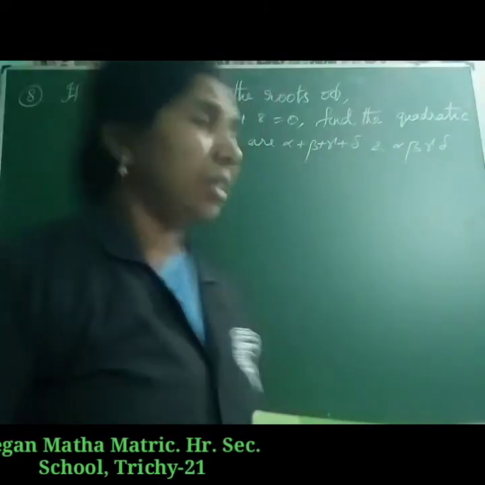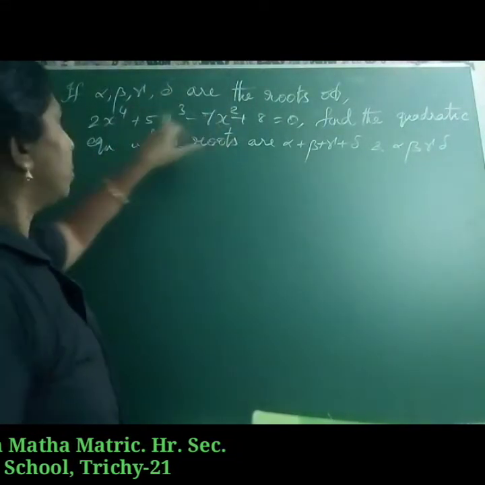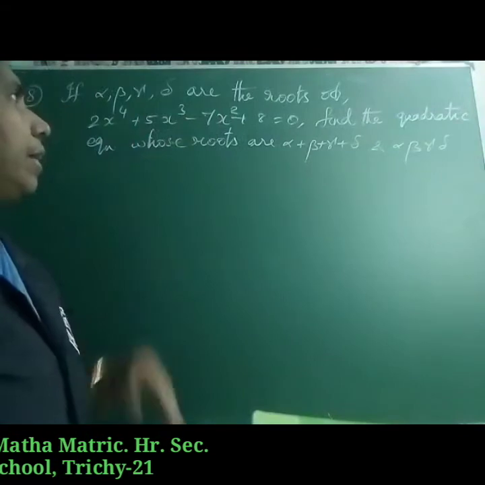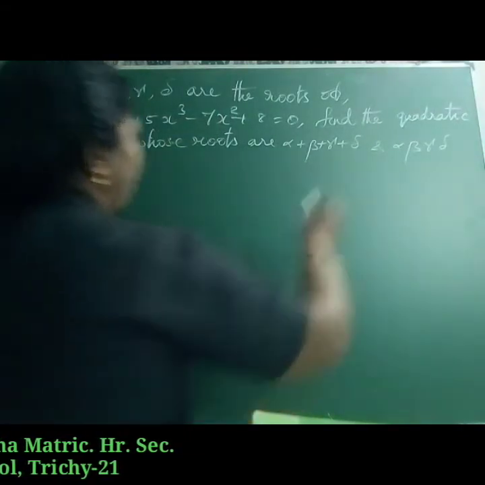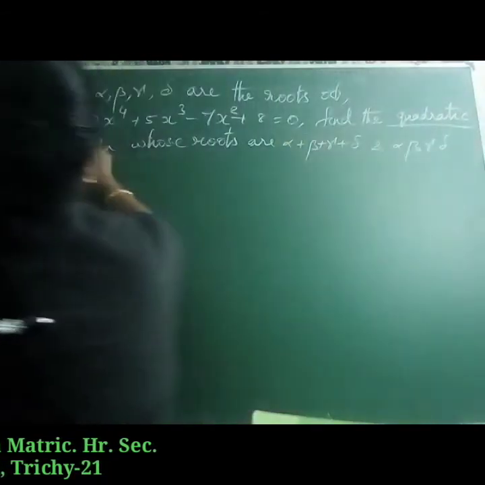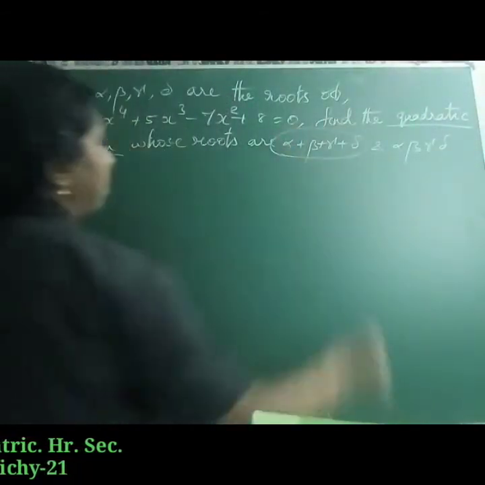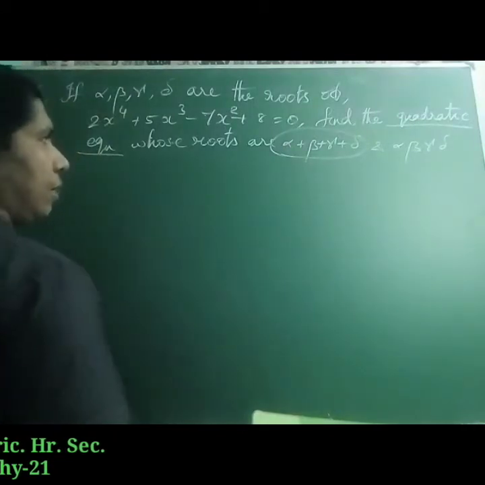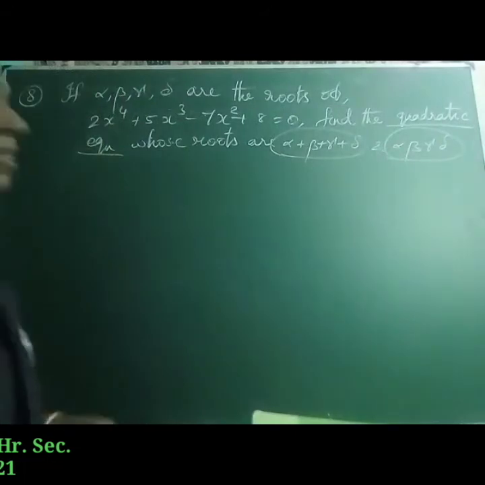Now question number 8. If alpha, beta, gamma, delta are the roots of 2x power 4 plus 5x cube minus 7x square plus 8 equal to 0, find the quadratic equation whose two roots are alpha plus beta plus gamma plus delta as a single factor, and alpha, beta, gamma, delta as a single factor.